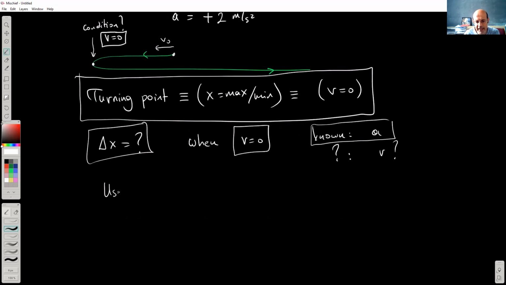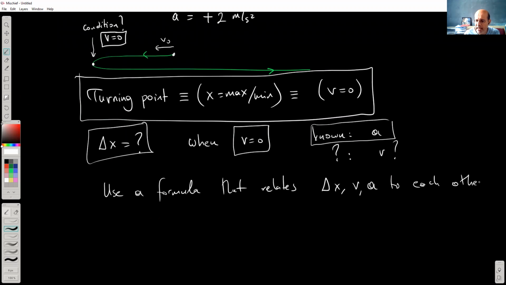So I need to use a formula that relates displacement, final velocity, and acceleration to each other. Of course, when I'm solving problems, I'm not going to explain it like that. But there's some kind of a formula that relates these three to each other, right?